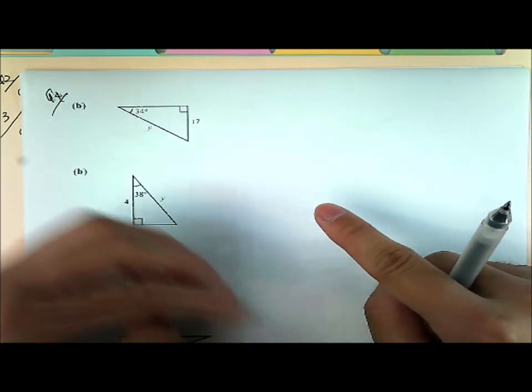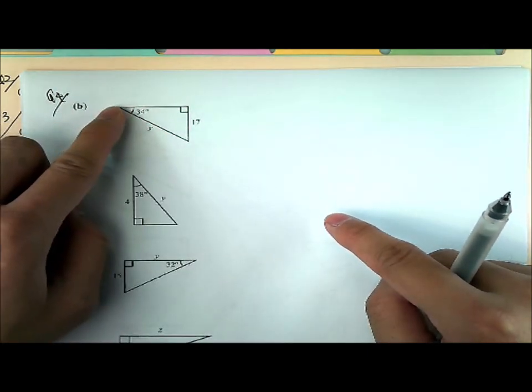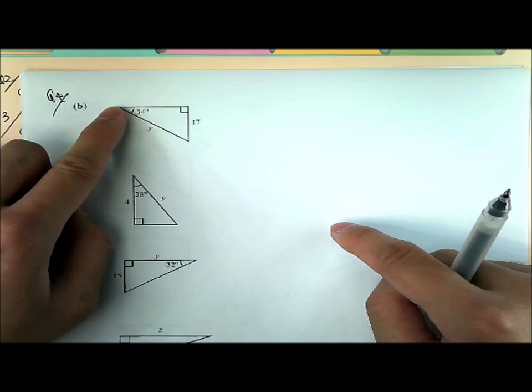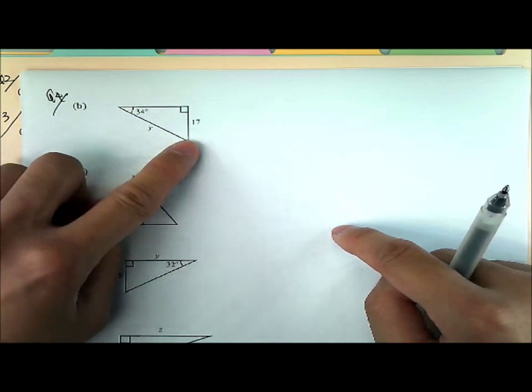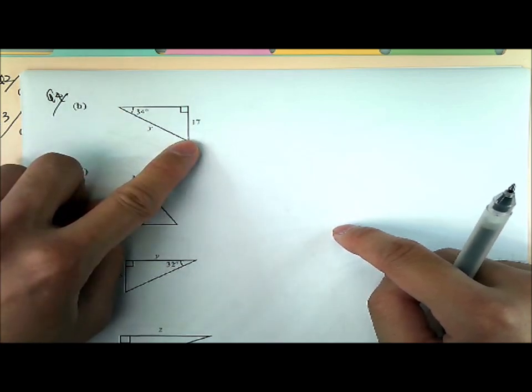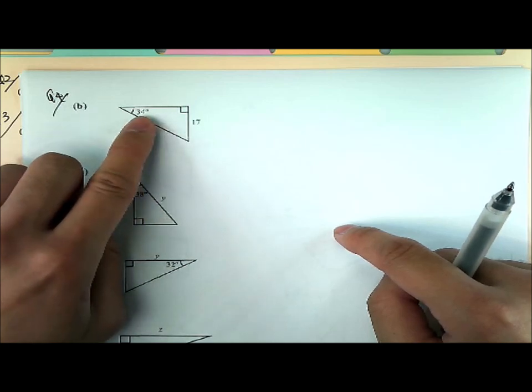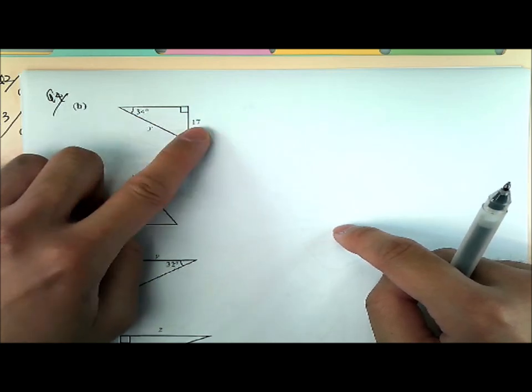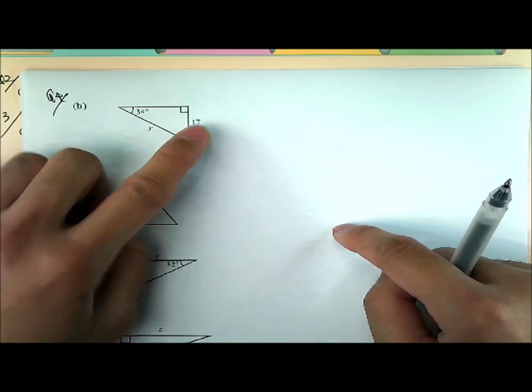What can you use: sine, cosine, or tangent? You should use sine because you have to find out the longest side, not tangent at all. For this 34 degree angle, the opposite side is 17. So you have to use sine, not cosine, not tangent.